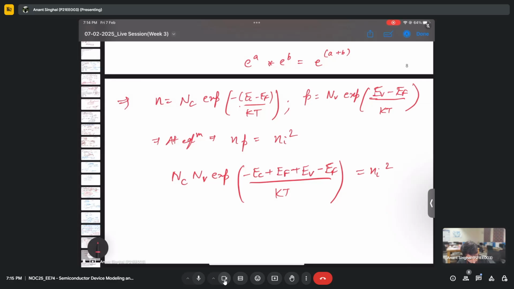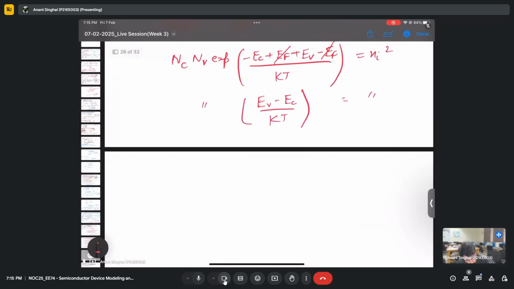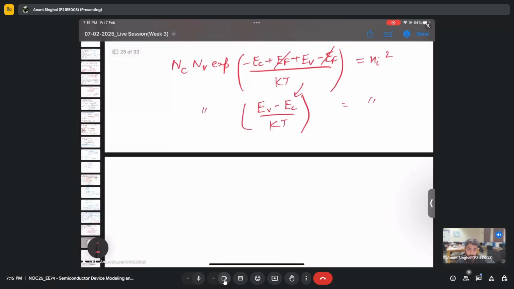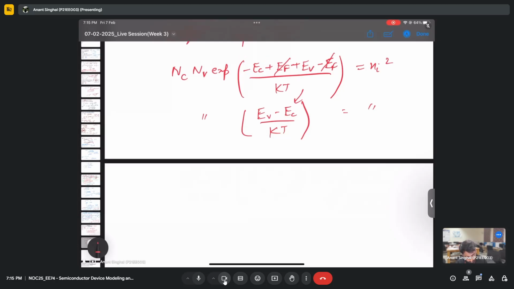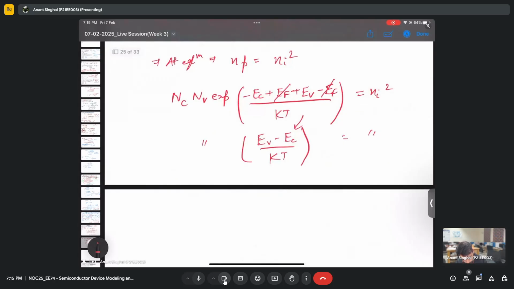No. EF will get cancelled out, right? And what we are left with is EV minus EC over KT. So what is EC minus EV, let's say? Band gap. Yes, exactly.